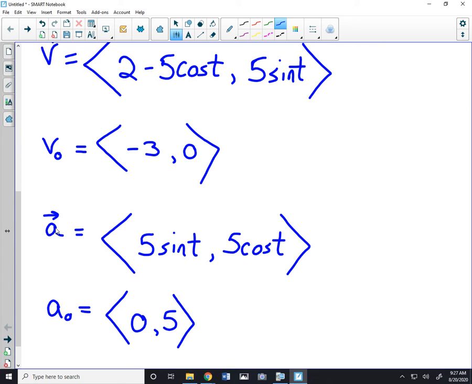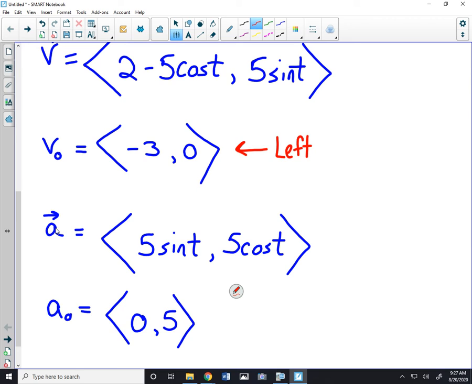Now, if you do some physics, you find out that the velocity tells you what direction you're traveling. On here, I see that I am moving at t equals 0. I'm moving to the left at that speed, 3 units per second. Acceleration tells you where you're going to be going. It is what is coming.